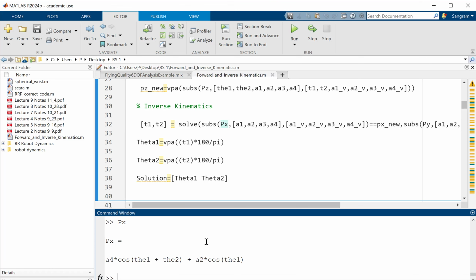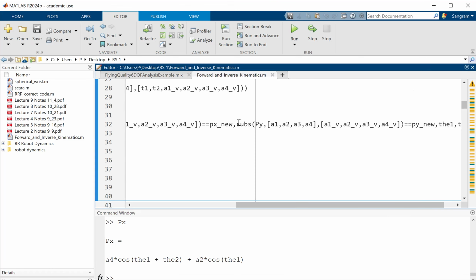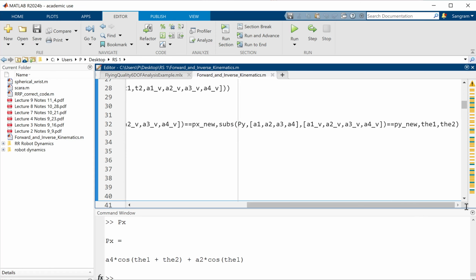Same thing I'm going to write for the second part, which is do the exact same thing. Subs py is equal to py new. And I want you to understand, it's extremely important.